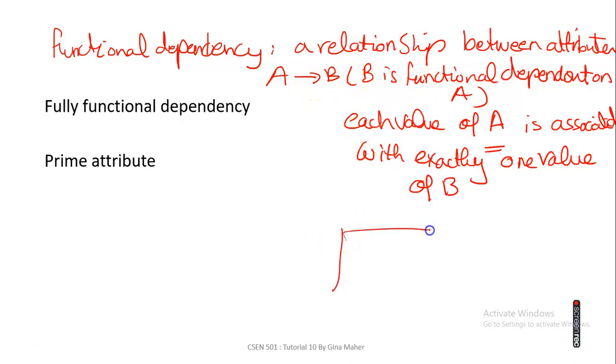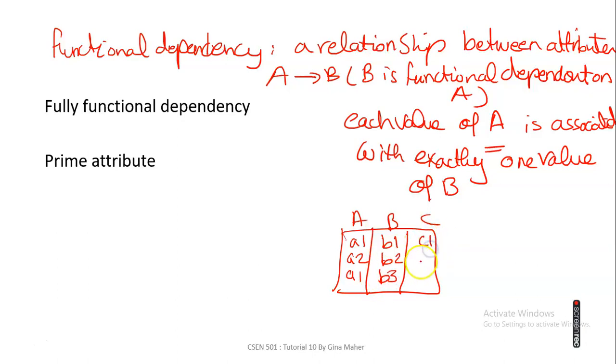Let's take an example. Assume that we have A, B, C: A1, A2, A1; B1, B2, B3; C1, C2, C1. Let's see the relationship between A and B. To know whether B is functionally dependent on A or not, let's check that each value of A is associated with exactly one value of B. A1 is associated with B1.